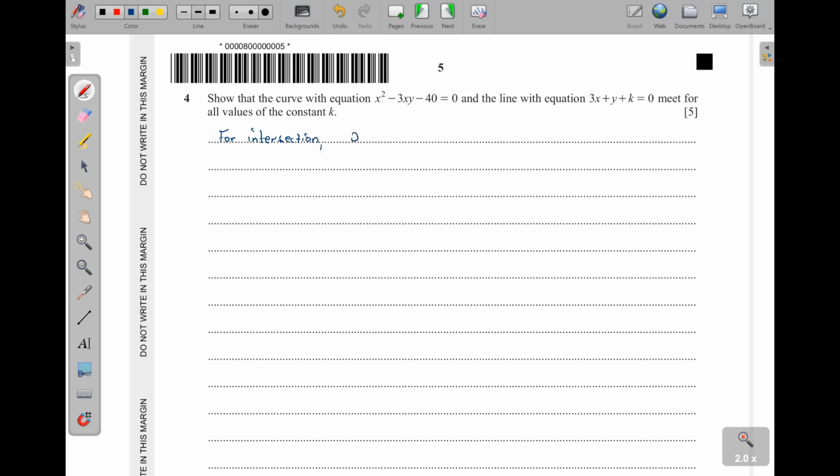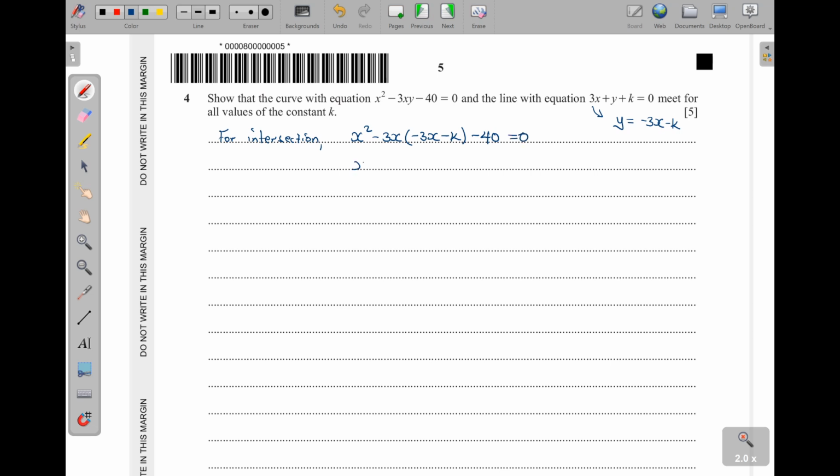I'll come to this one, x squared minus 3x, and then from here y is equal to negative 3x minus k. So I make it the subject and then I substitute it here. So where y is, then I put minus 3x minus k, then minus 40, which is equal to 0.